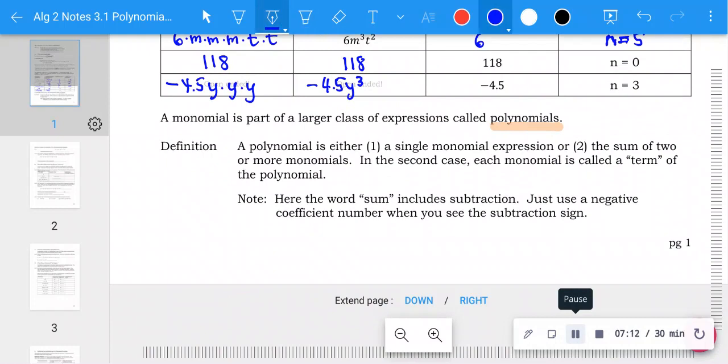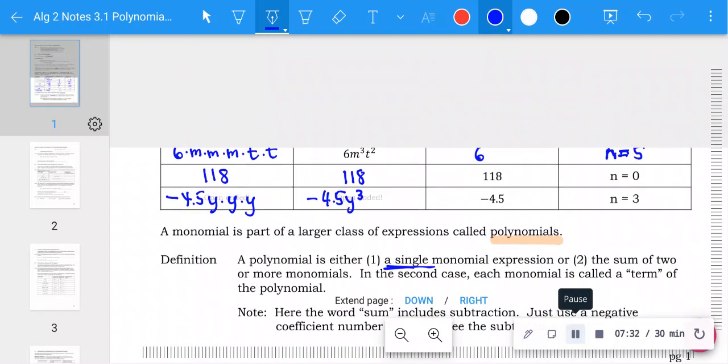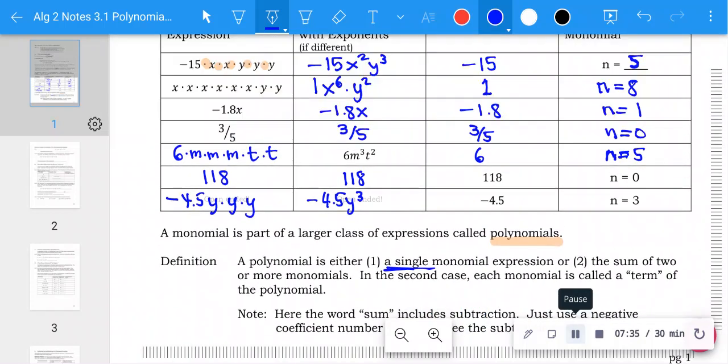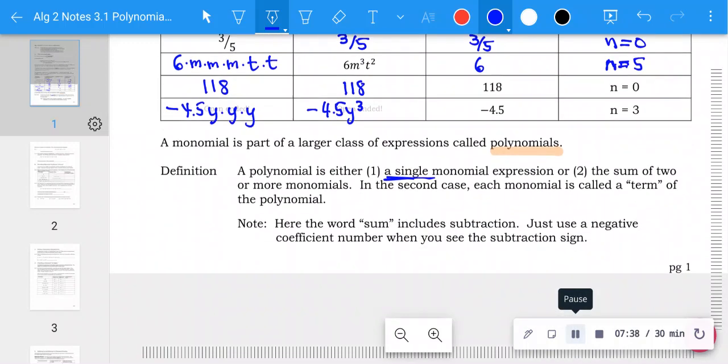And it's important to understand one thing: poly means many, but a monomial is also a polynomial. So if you have more than one of them, it's a polynomial. Poly means many. But if you have one of them, it's also a polynomial. So we just had a bunch of monomials up there, and those monomials are also called polynomials.